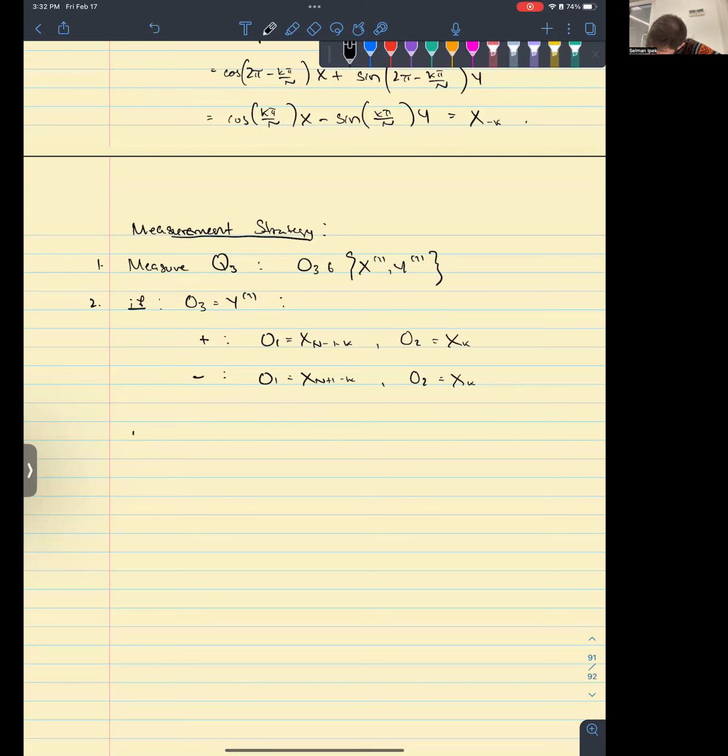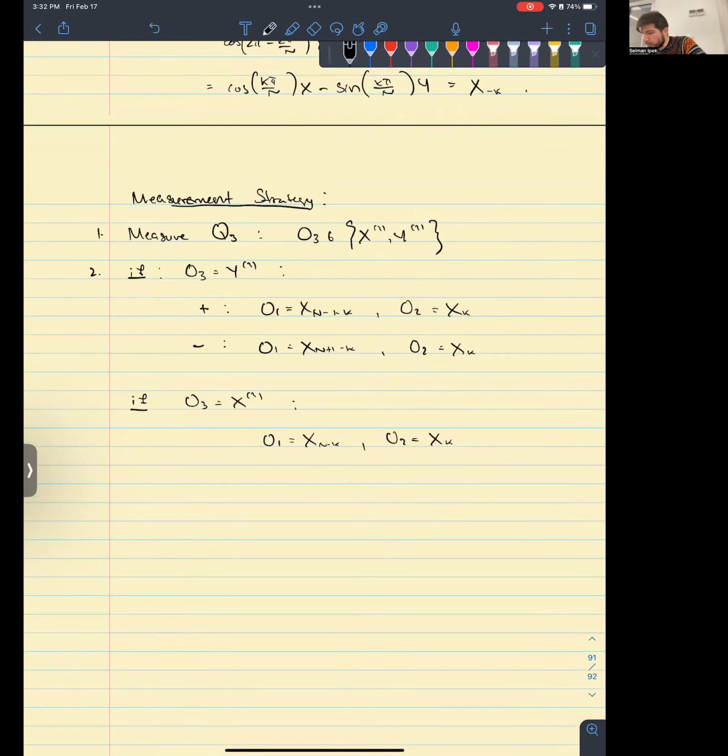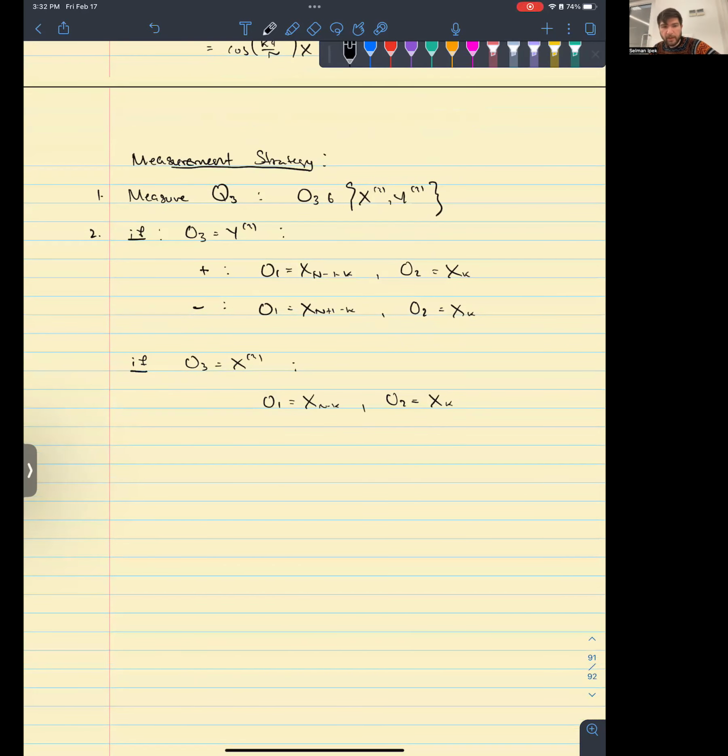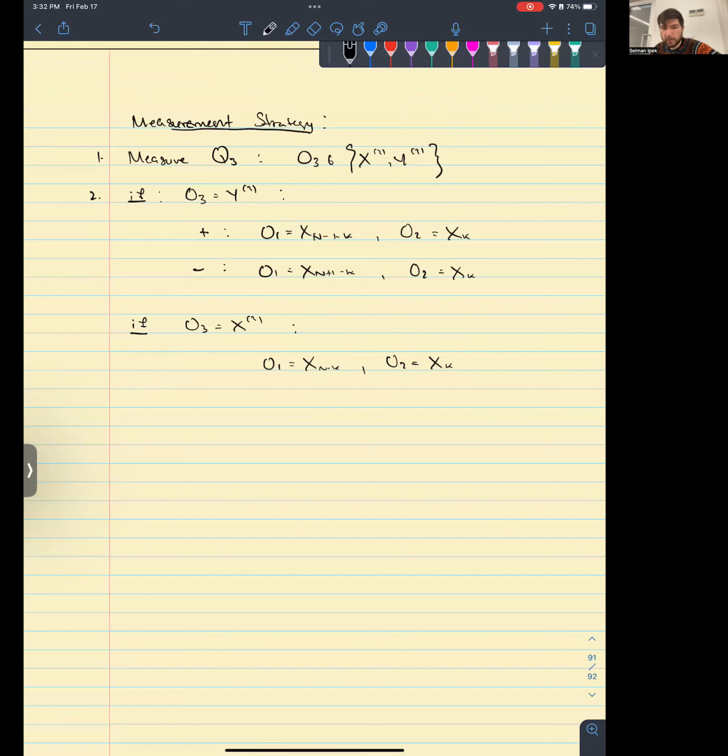If instead we measured O3 equal to X3, then we measure O1 equal to x_{n-k}, and O2 is still equal to x_k. So how can we encode this mathematically? Let's define some operators.